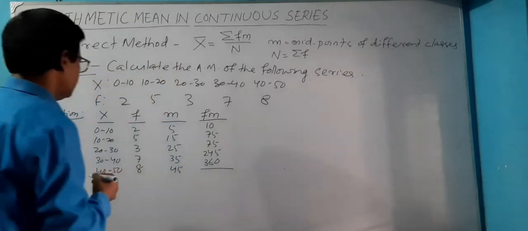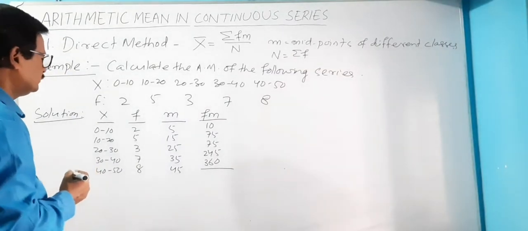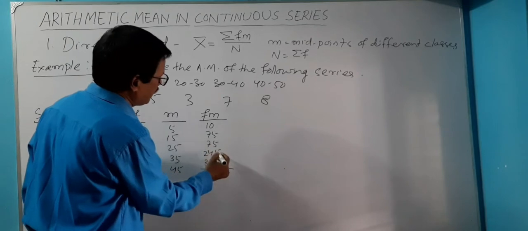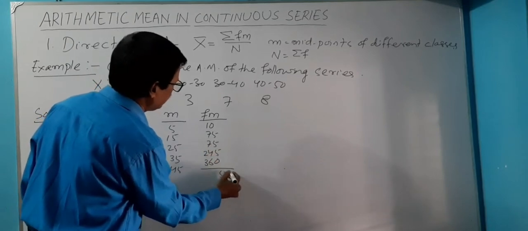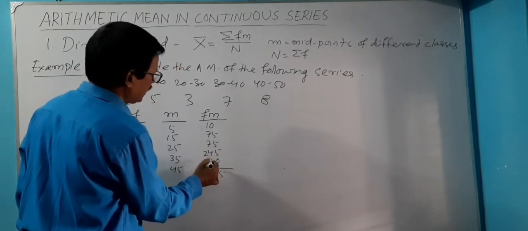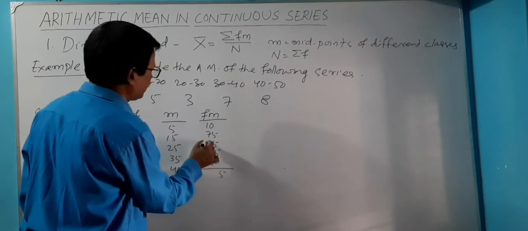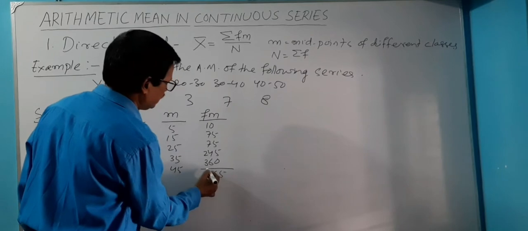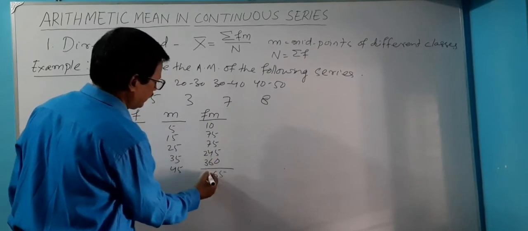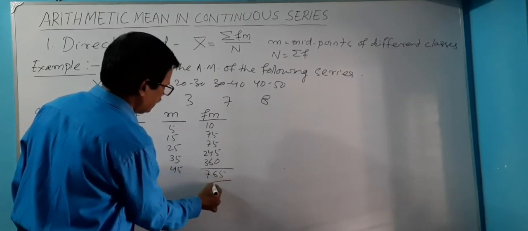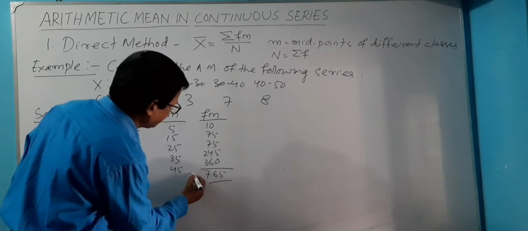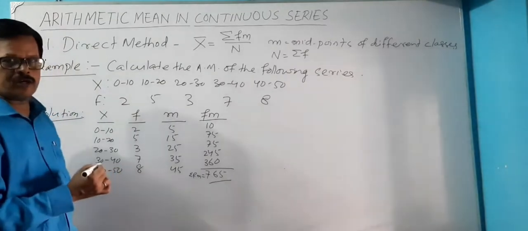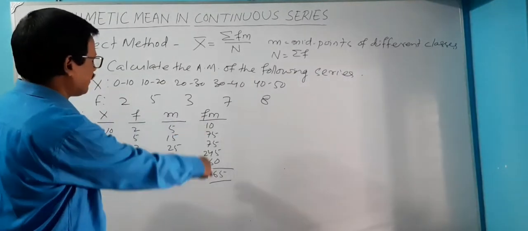Add together all the fm values. How much does it come? So summation fm is 765, by adding the fm values.